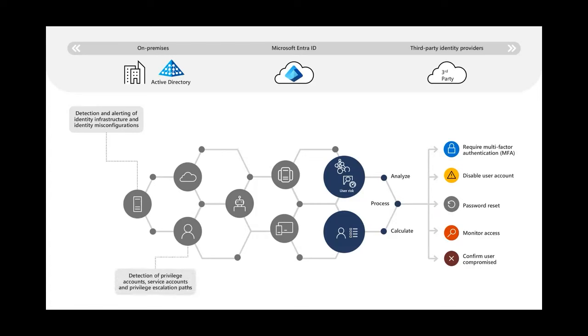The next thing is detection of privileged accounts, service accounts, and privilege escalation paths. How can we give you visibility of where identities, if compromised, could lead to further compromise and elevation of privilege within the environment? We can analyze that in terms of specific accounts that, if compromised, could lead to a domain admin being compromised through some sort of escalation path.